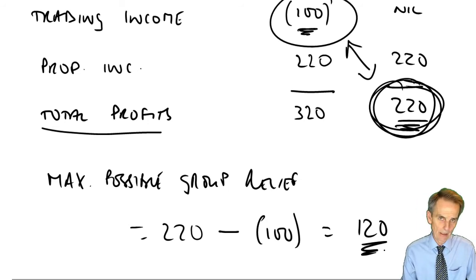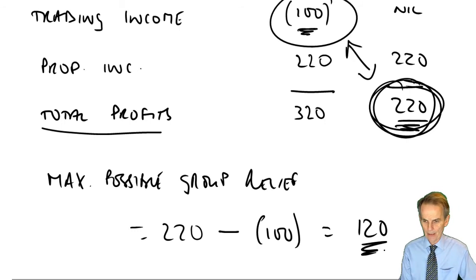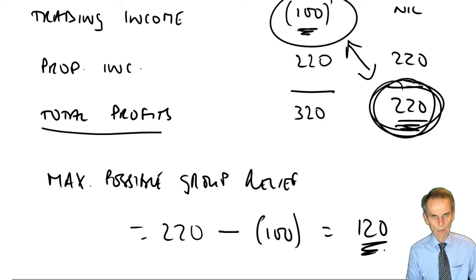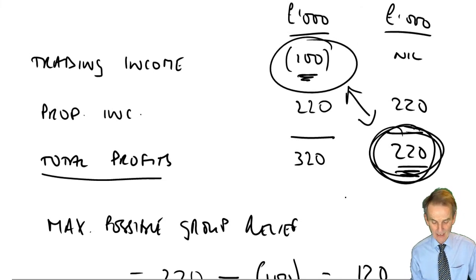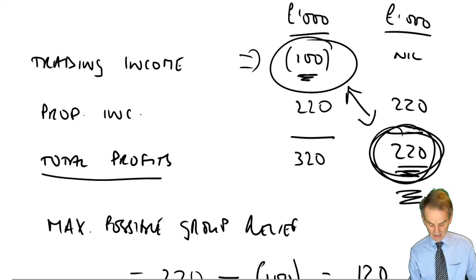the profit-making company, the claimant company, the one receiving the group relief from the surrendering company, is itself this period a loss maker. Yes, it is perfectly possible for this to be so. As you've seen here, it's got a trading loss of £100,000, but it still has a TTP. Here it's got a huge amount of property income, £220,000, constituting that total profit. It could have been interest income.